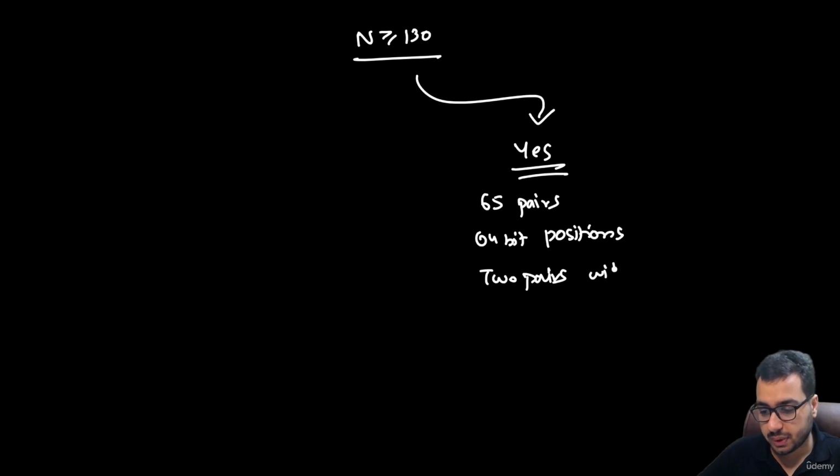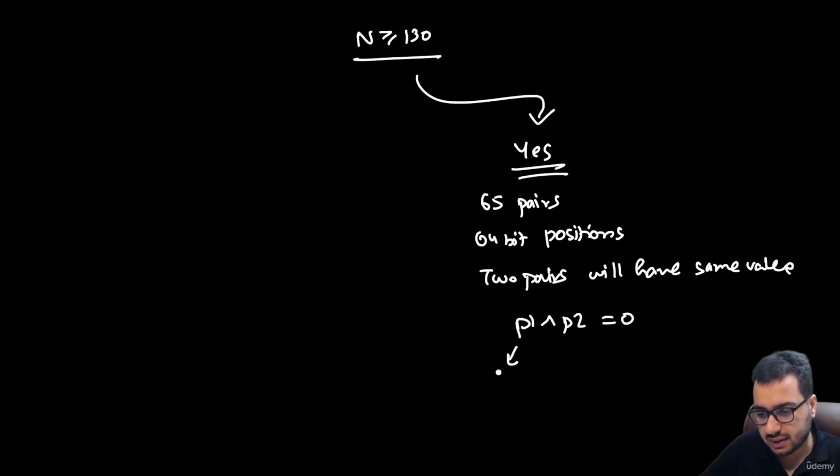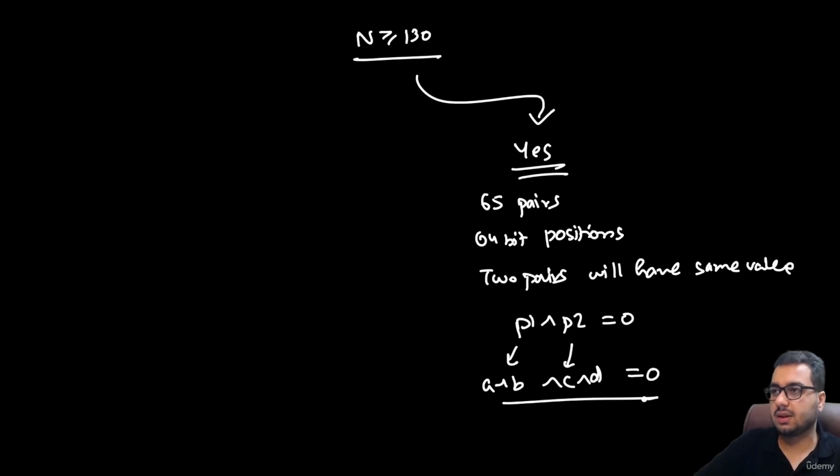So p1 XOR p2 would be 0. Let's say this pair is made up of a and b, this pair is made up of c and d, and doing a XOR of these would give me an answer 0.